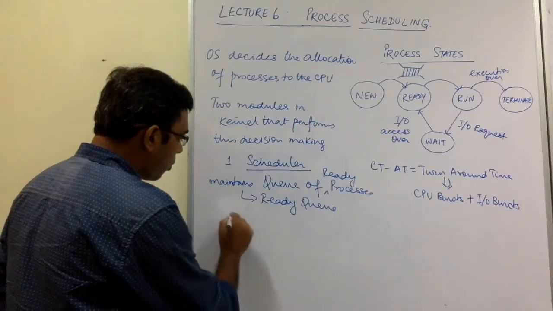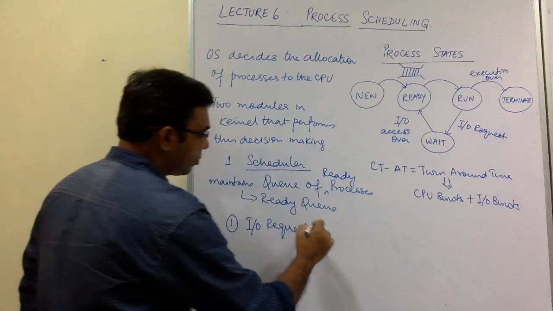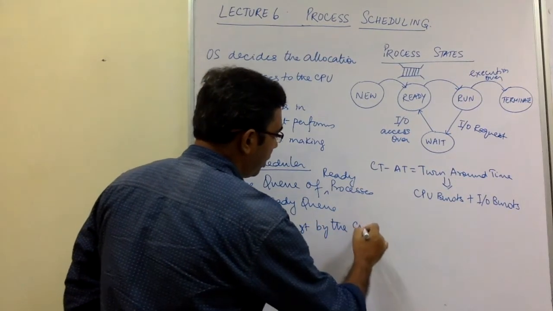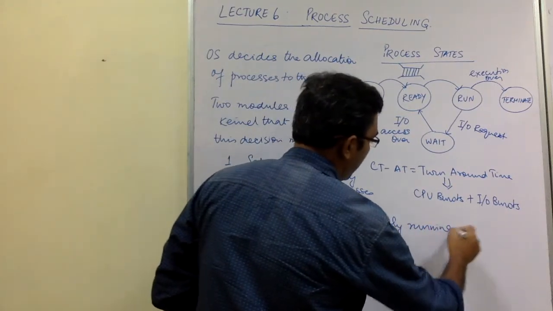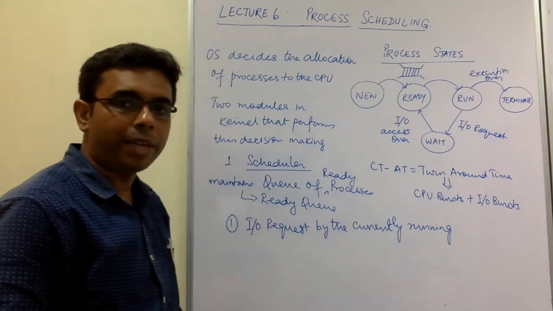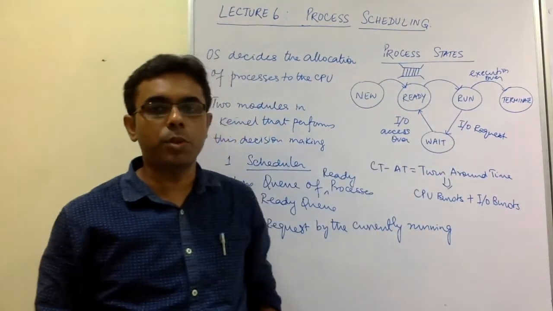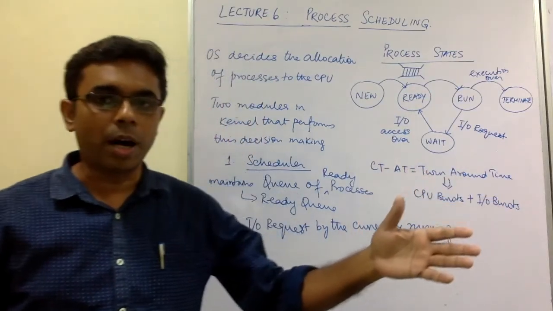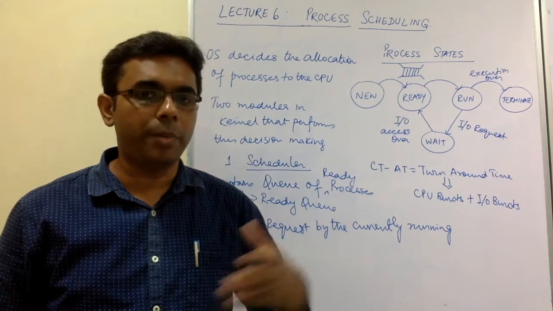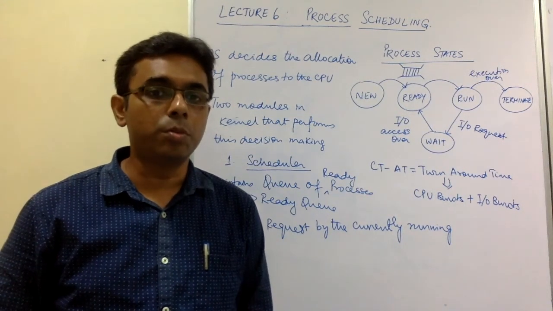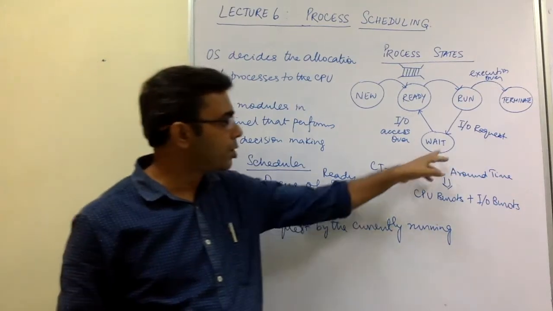The first is when an IO request is made by the currently running process. When the currently running process makes an IO request, it means a request has been made to the kernel, and the kernel is supposed to perform that IO access, which automatically means that the process moves into the wait state.